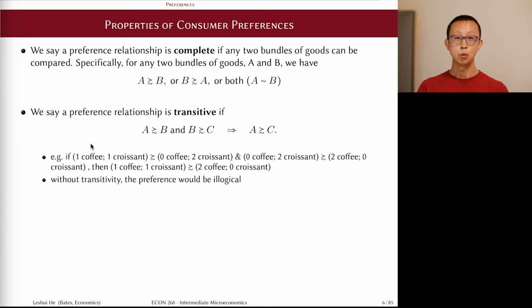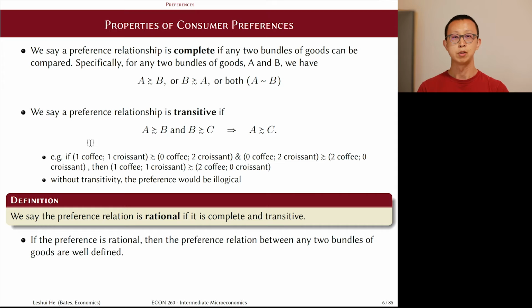Well, otherwise, you would run into a loop of preferences where I prefer A to B, B to C, but then C to A. In that case, it will be really difficult for you to figure out what is the bundle of goods that I would end up purchasing according to my preferences. So we would require that the preference relationships we consider are ones that satisfy transitivity.